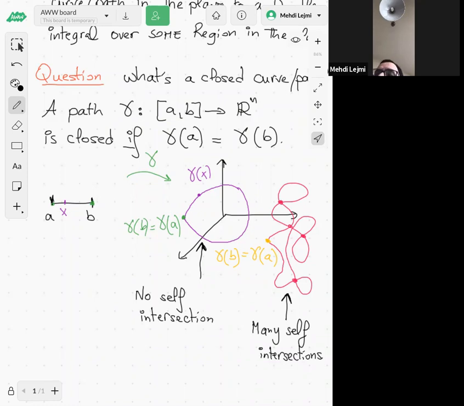Okay, so guys, we're going to distinguish between curves with no self-intersections and curves with self-intersections. And we're going to call a closed curve with no self-intersection a simple curve.